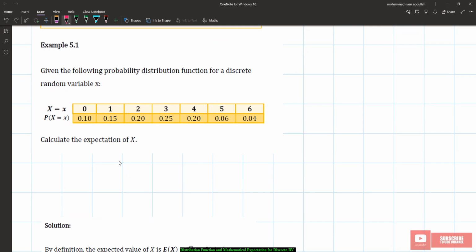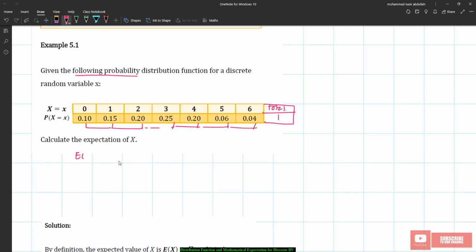Example number 5.1, given the following probability distribution function for a discrete random variable. To confirm that this is a probability distribution function, we need to total all the probability values. The total should be equal to 1, and each value should be between 0 and 1, right?